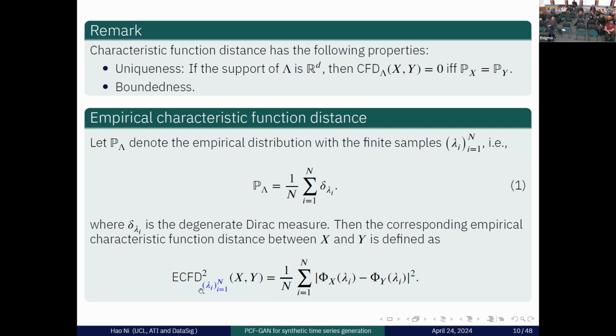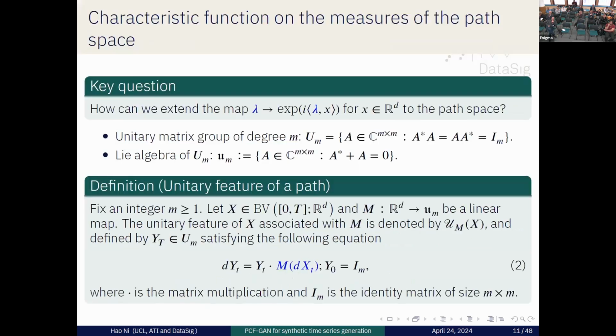We treat the collection of lambda i as model parameters to learn from the data. So given X and Y, the true and the generated data, we optimize the lambda i to maximize the distance. And when we fix the lambda i, we optimize the model parameters of the generator to minimize this distance. This is the training.